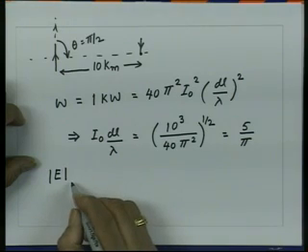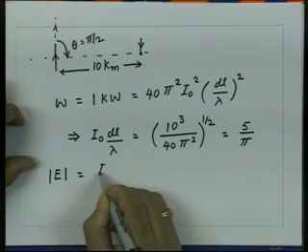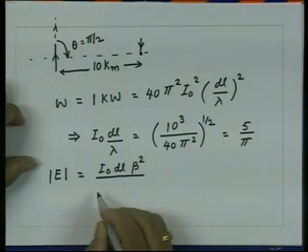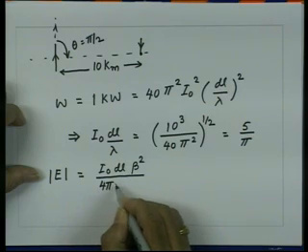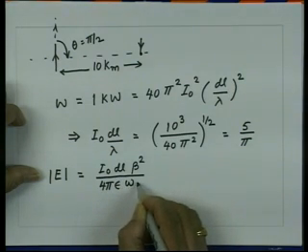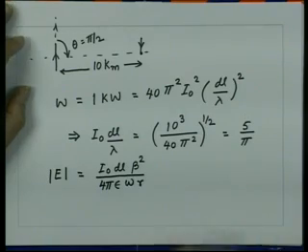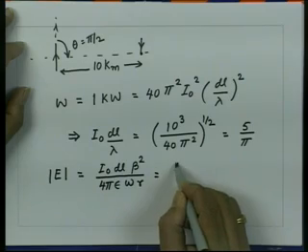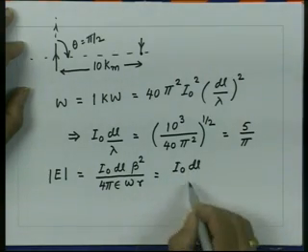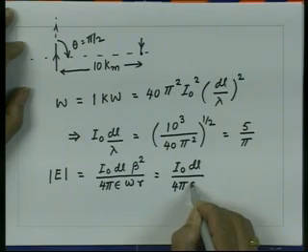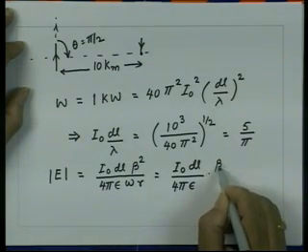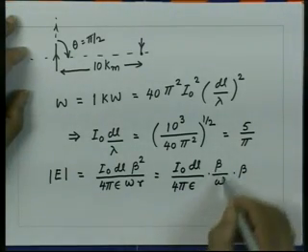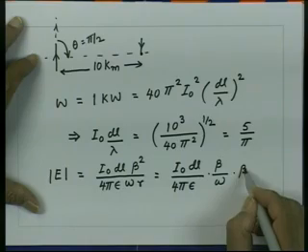magnitude of the electric field, that will be equal to I0 dl beta square upon 4 pi epsilon omega into r. The omega upon beta we can separate out. So, this we can write as I0 dl upon 4 pi epsilon. We can write here beta upon omega into beta, and omega upon beta is nothing but 1 upon velocity of light, and beta is 2 pi upon lambda.